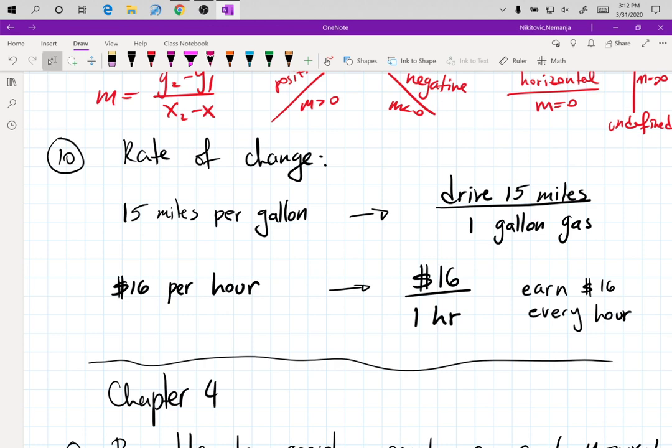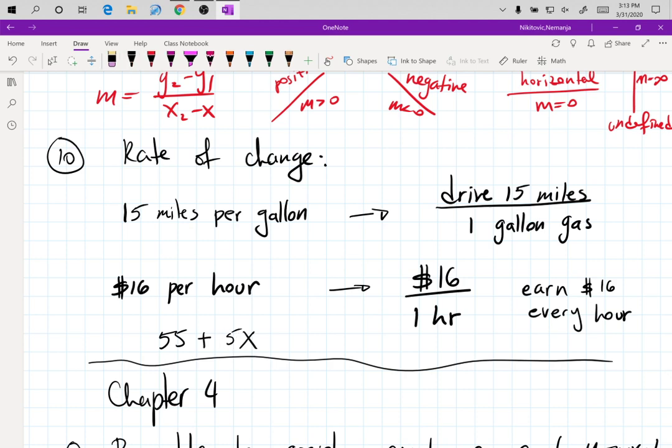I believe it was like 55 per day for bussers, and 25 for waiters, I think. So I was making 55 per day house pay, plus whatever I was making an hour, say, as a busser, let's say $5 for every hour. Well, here's your mx plus b, right?